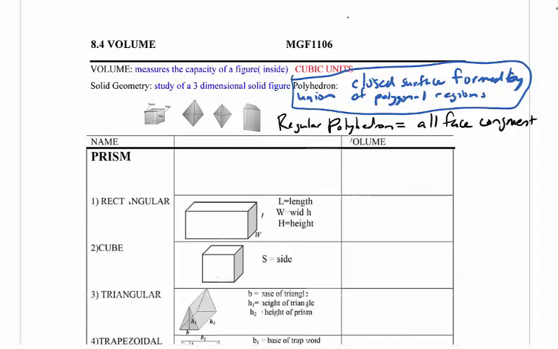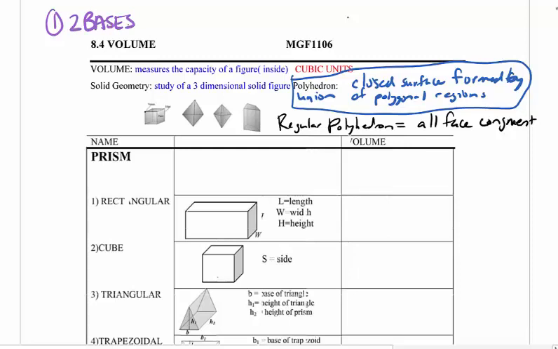So I mentioned to you that we're going to have essentially 3 formulas for this section, and I'm going to go ahead and write them on the top of this page, and then I'll show you that again we're going to add these into our chart. But if we have 3 different distinct figures. If we have 2 bases in my drawing, and what I mean by that is the bases have to match.